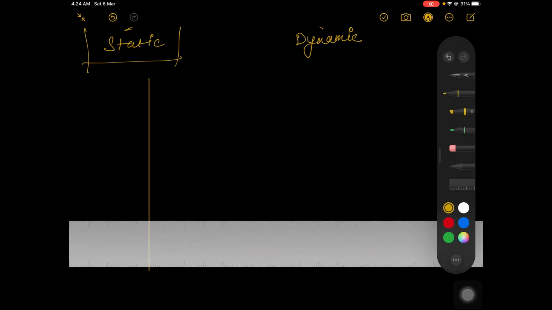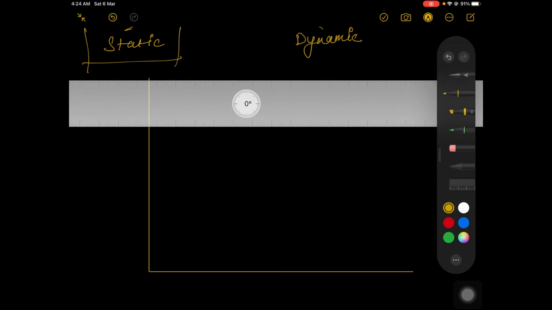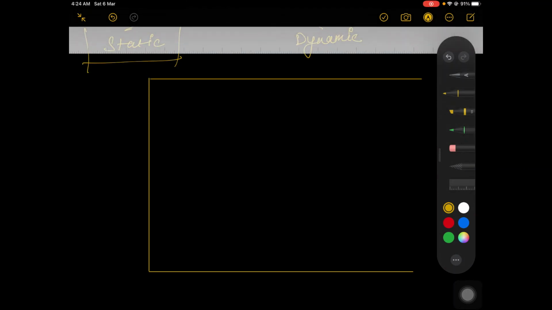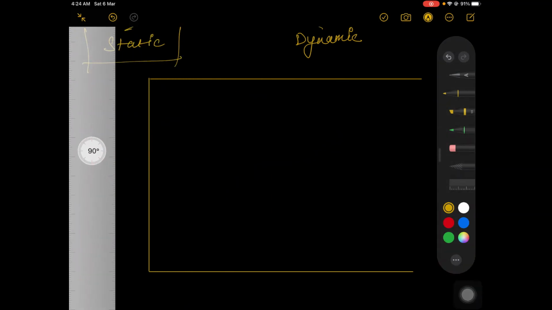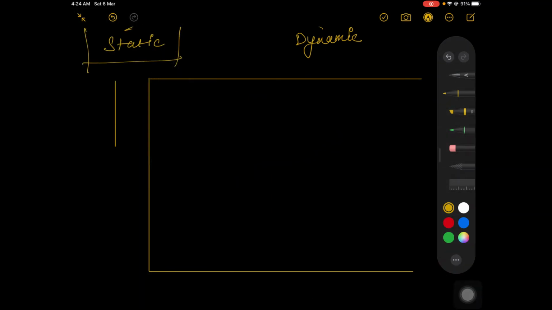Suppose we have an x-axis and a y-axis. The y-axis denotes the lung volume, the volume present in the adult male.